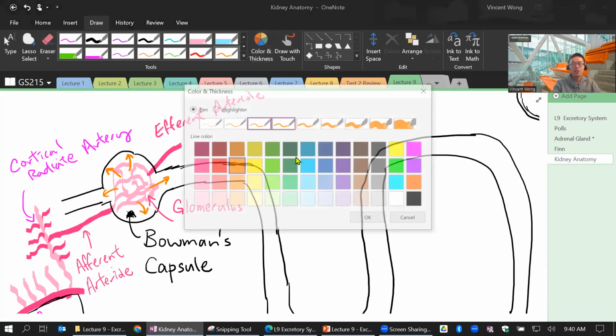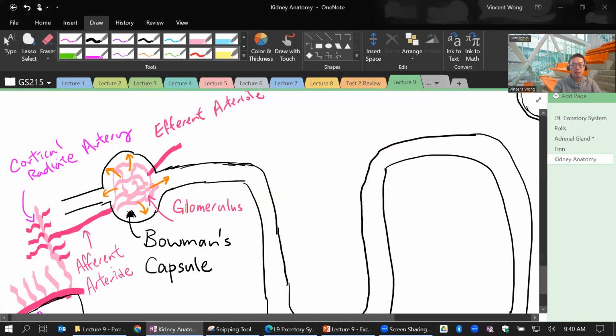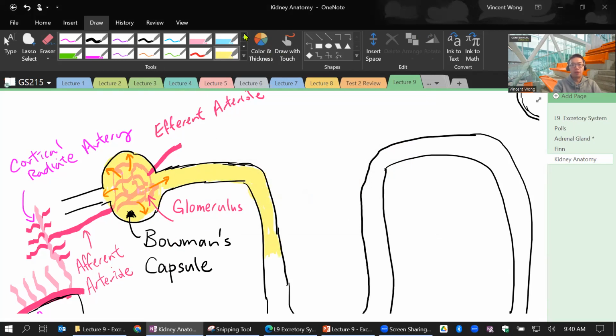Okay, and whatever gets squeezed out from the glomerulus will be captured by the Bowman's capsule. So all that liquid that comes out will get contained by the Bowman's capsule. And then it will continue to flow along the inside of the nephron.